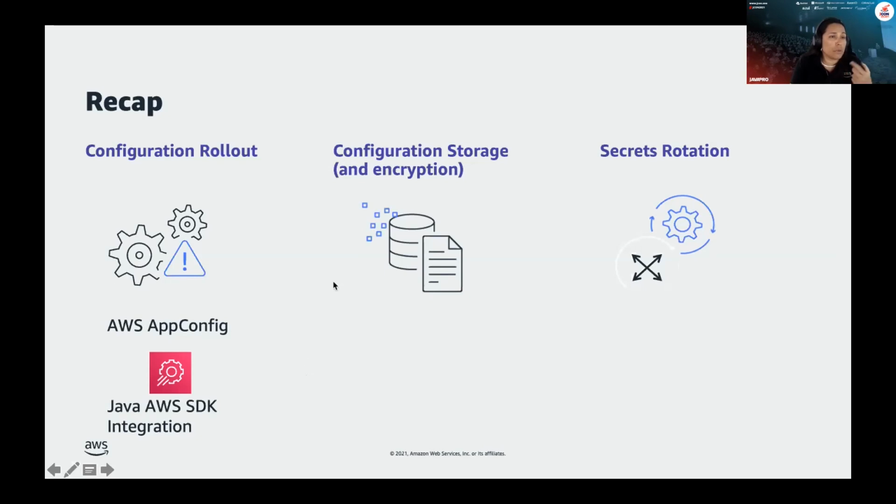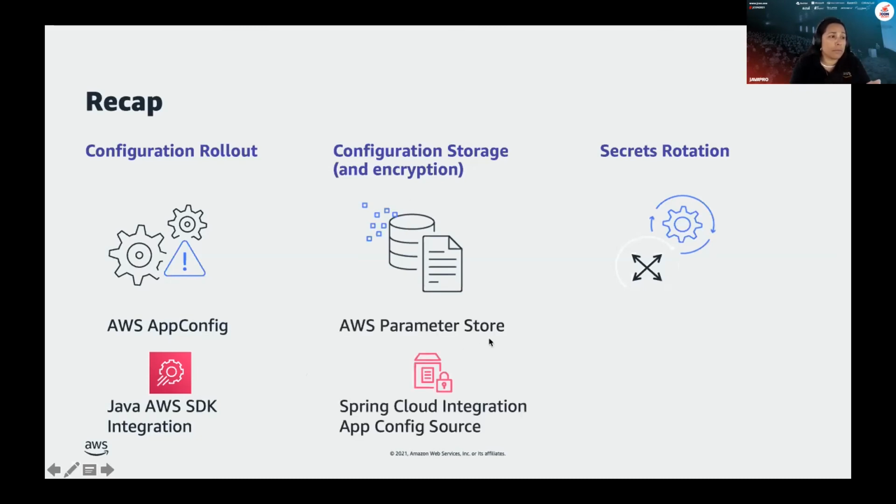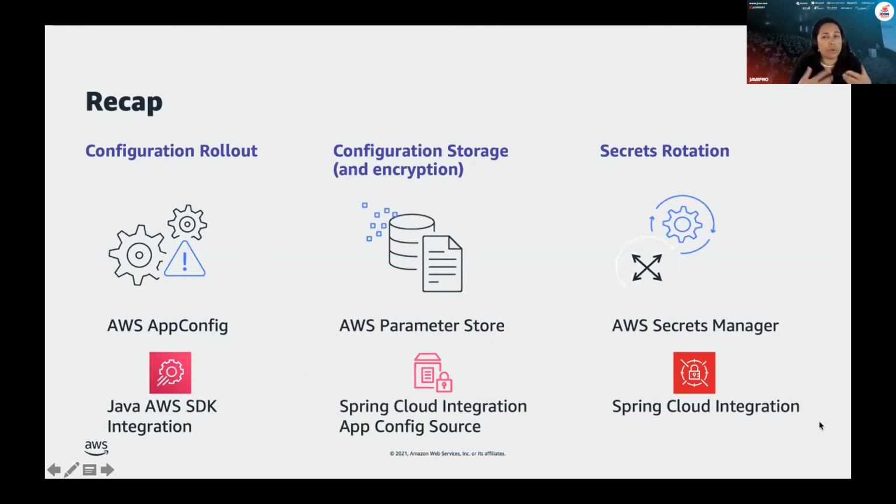We also looked at how to manage configuration, the underlying storage, for example, with AWS Parameter Store, which is a source for AppConfig, but we can also integrate directly with Spring Cloud for AWS. And we also looked at how to rotate secrets, sensitive parts of our information, limited that life cycle, and how Secrets Manager helps us with that, and how that integrates also with Spring Cloud AWS in our project.